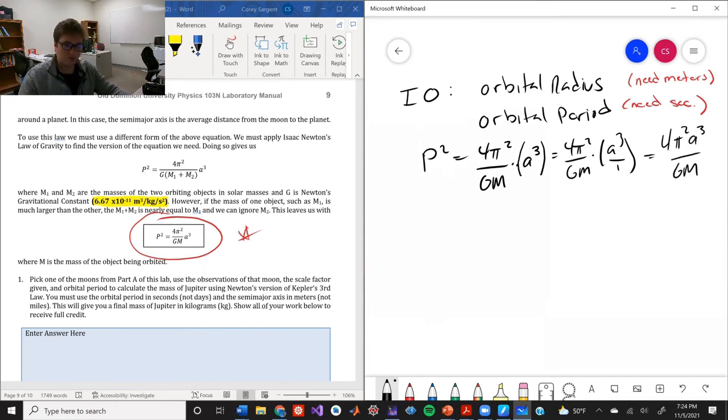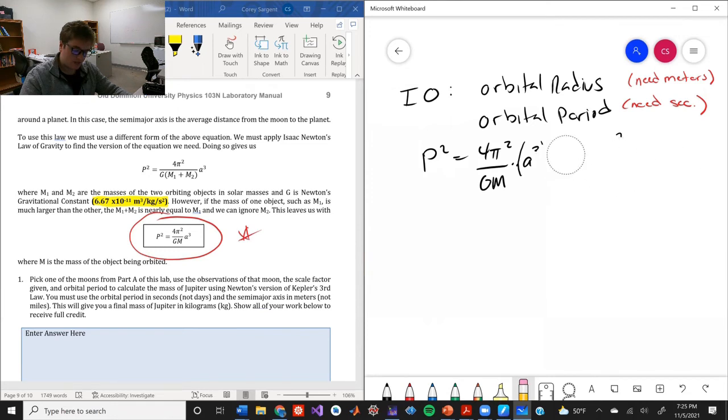Same thing, just different ways you can write it. We want to solve this for M. So let's go ahead and erase this just so we don't confuse ourselves any more than we have to.